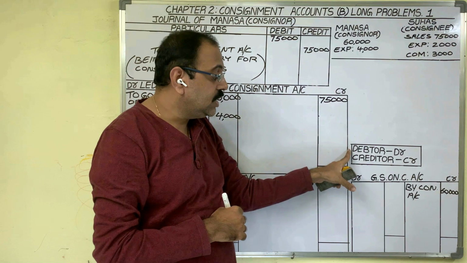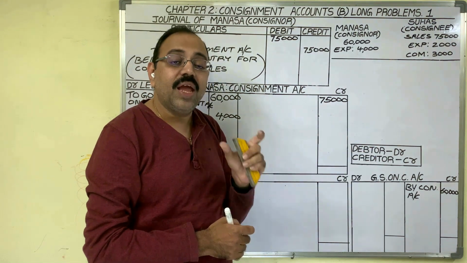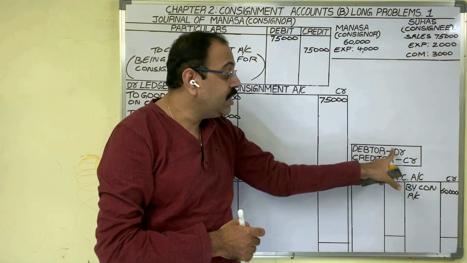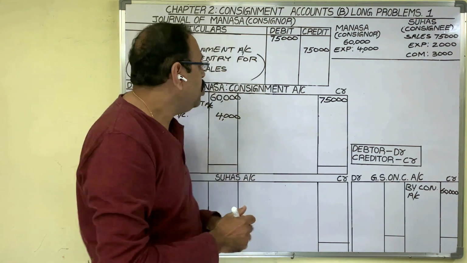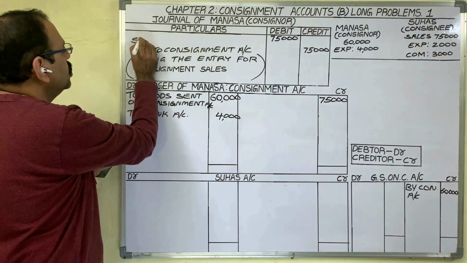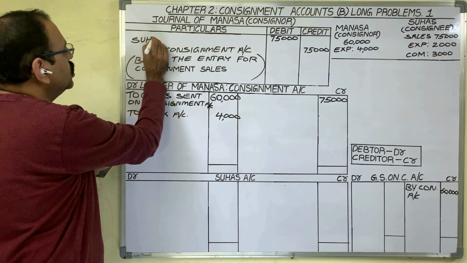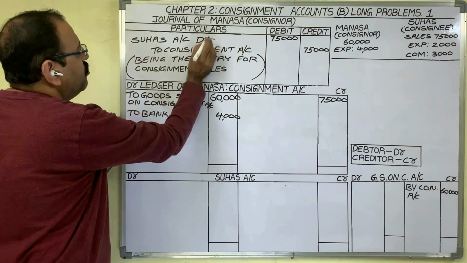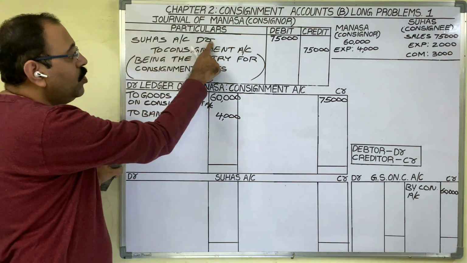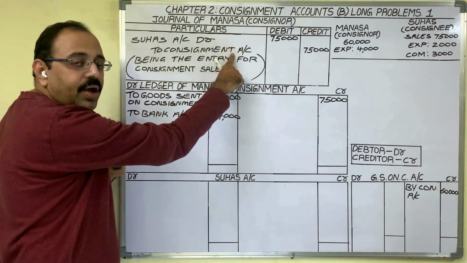Therefore, Suhas is a debtor. If any personal account becomes a debtor, then we should debit that account. So, we should debit consignee's account. Suhas account we should debit. Then the final entry for consignment sale is Suhas account debtor to consignment account.